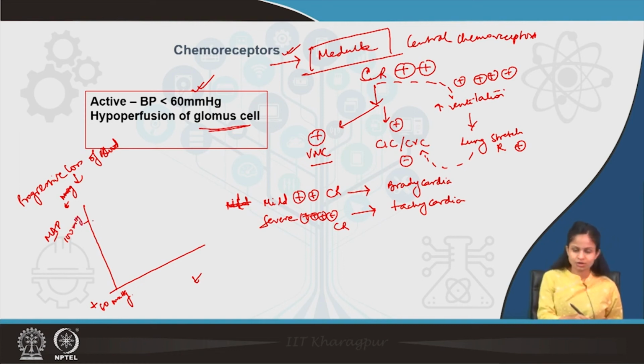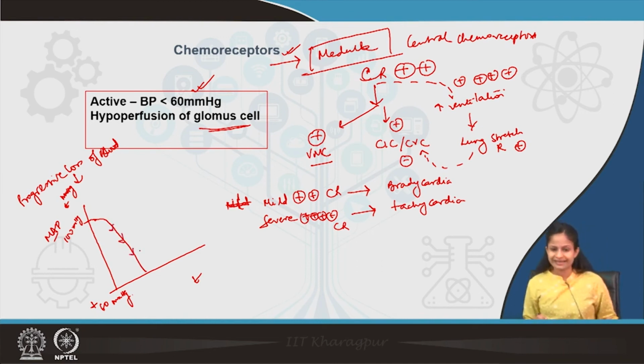So, when there is a severe loss of blood, your blood pressure is falling from 100 millimeter of mercury to 60 millimeter of mercury. I told you at the point when the blood pressure becomes less than 60 millimeter of mercury, the chemoreceptors will get activated.